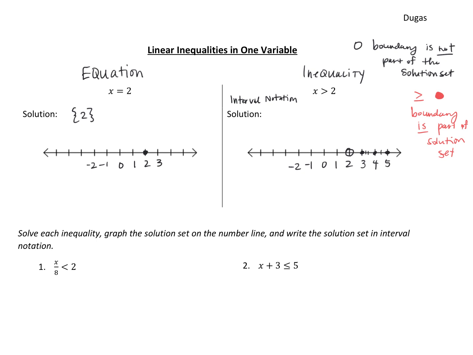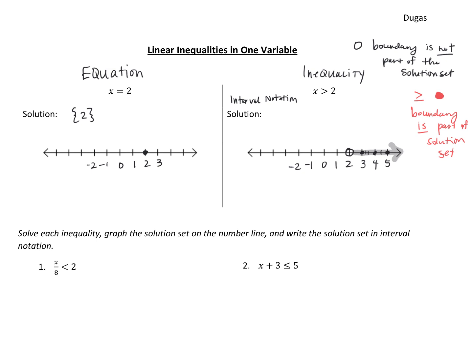Since we don't have an or equal to sign, that means that 2 is not part of the solution set. But everything larger than 2 is. Everything larger than 2 is to the right on the number line. So that would be our graph. We would put an open circle on 2, and then we would shade everything to the right on the number line.